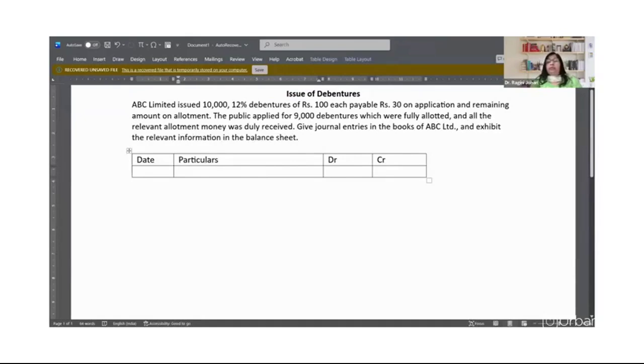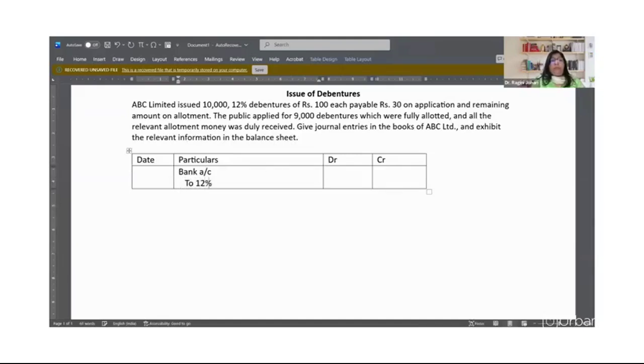So now let us start with doing the question. As I said, the first set of amount has to be paid on application, and out of 10,000 issued, only 9,000 have been subscribed by the public. Therefore, we will go with these 9,000 debentures only. So the first entry becomes Bank Account debit to 12% Debenture Application Account.